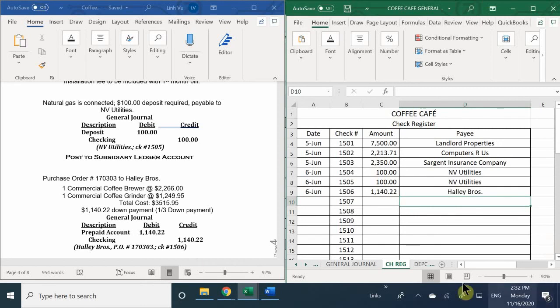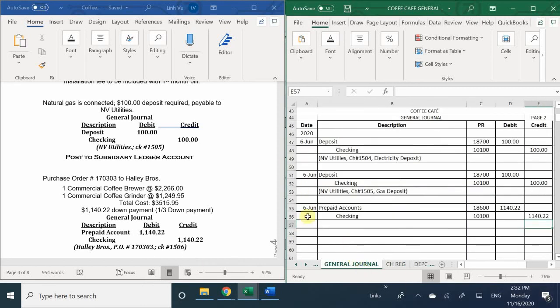Okay, so now back to the journal. And we can note that, how would you put that? Well, you definitely want to state that it's to Haley Bros for a partial or third down payment, and note the check number and the PO number. Yes, because we don't have an invoice just yet. We're paying towards a purchase order.